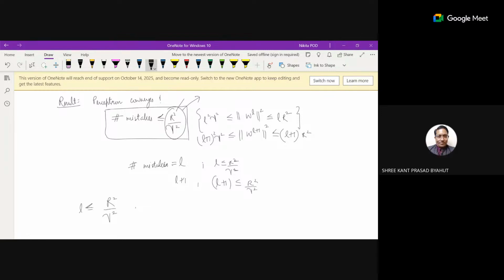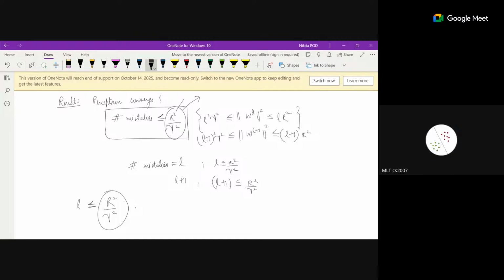We want to find the value of L if just R and gamma are given. Should it be R square divided by gamma square minus 1, or R square divided by gamma square? How many mistakes will it make?